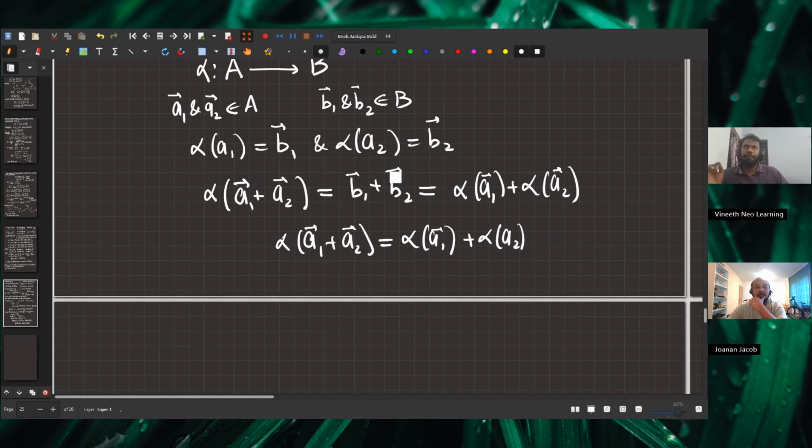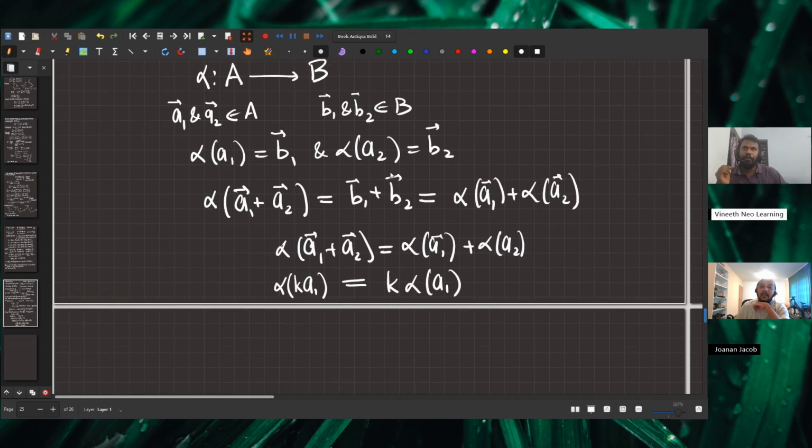Let's say we are multiplying A1 with a scalar K, and that product should be mapped to K times alpha of A1.